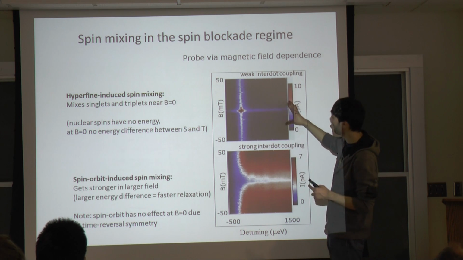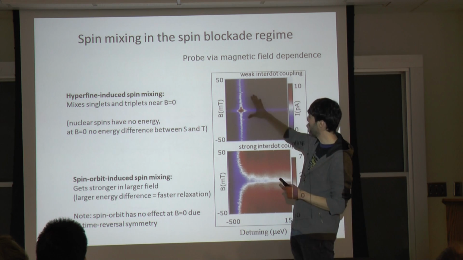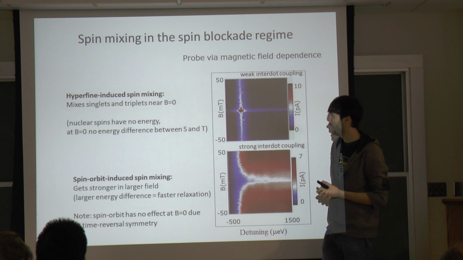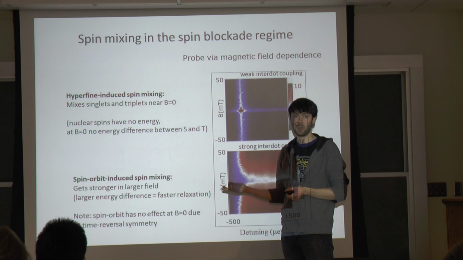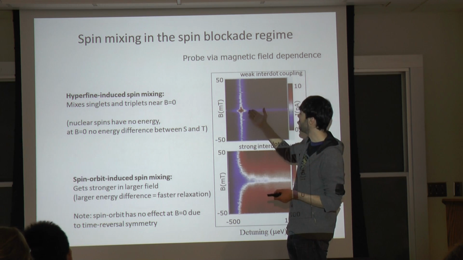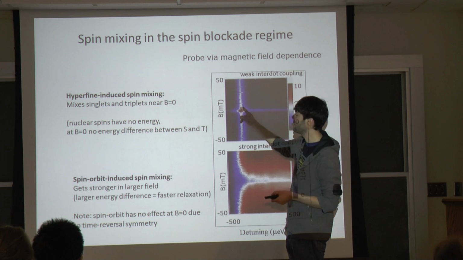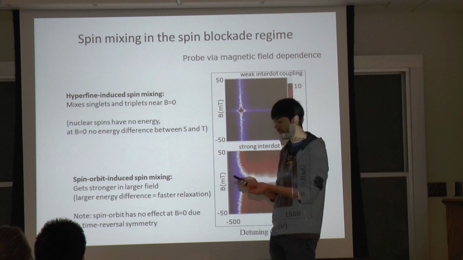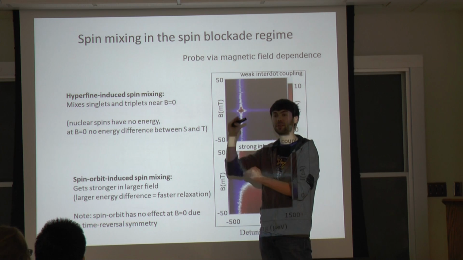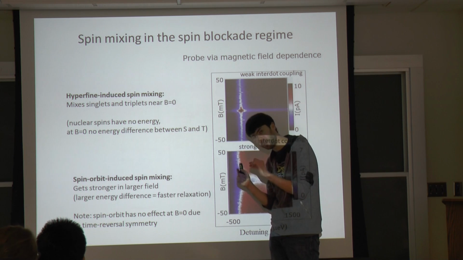So the two regimes actually were hyperfine interaction dominates and spin-orbit interaction dominates. And the reasons are what I explained in the previous slide. Here, current is highest at zero field. And that's because, like I said, if you apply a little bit of field, electrons will have this much energy difference, but nuclei will have this much energy difference.